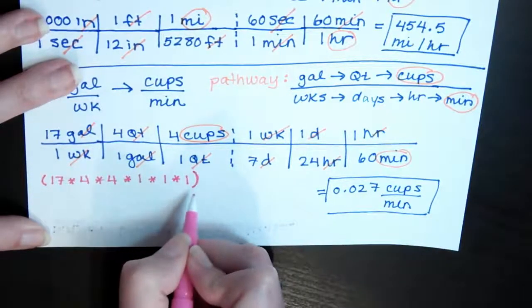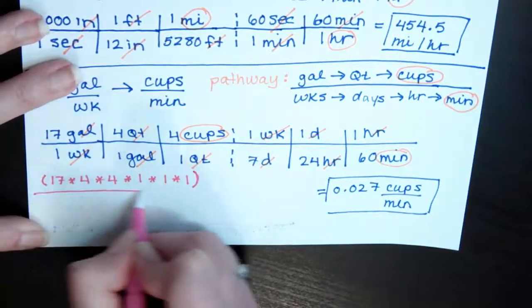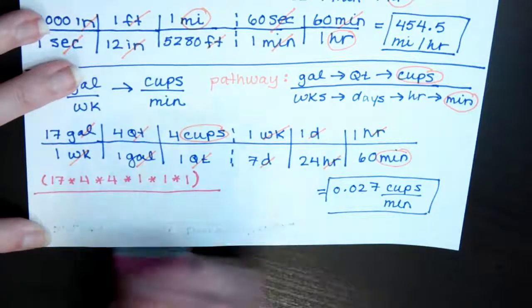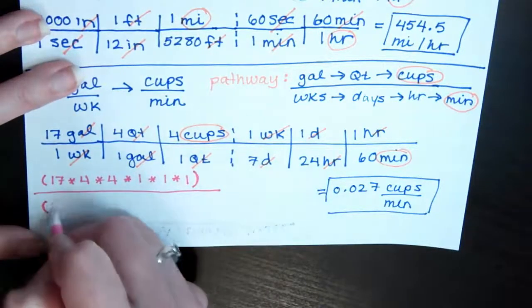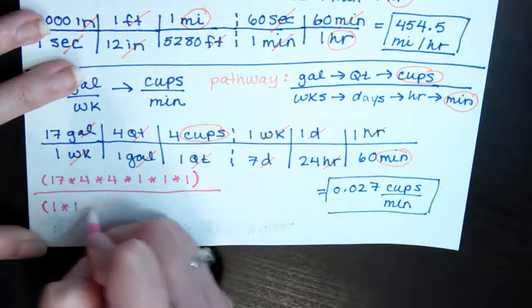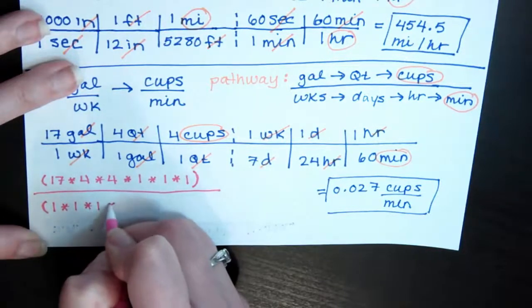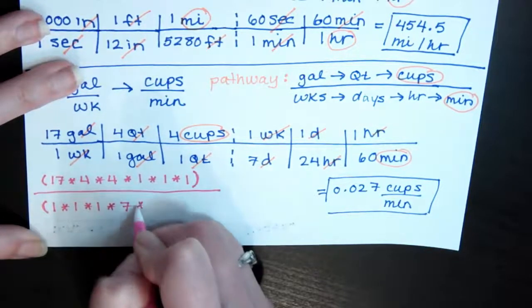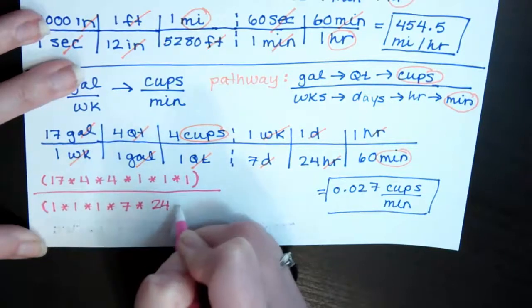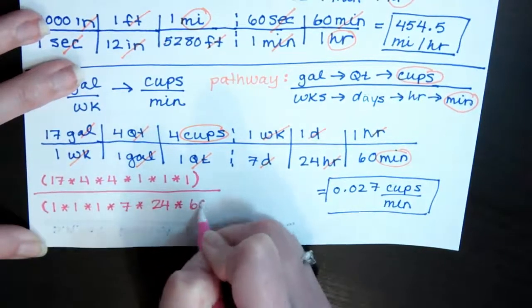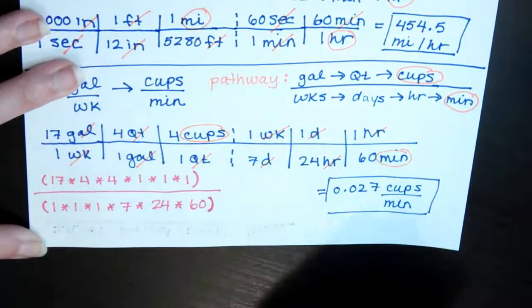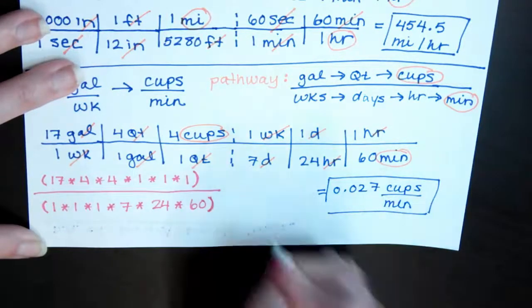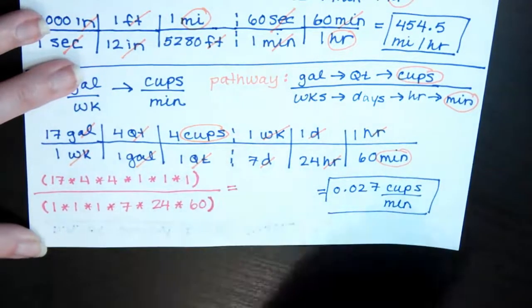I close my parentheses. I hit divide in my calculator, and then everything on the bottom gets multiplied together. And no, you wouldn't technically have to hit the ones, but that is what we're doing. Close my parentheses, and then I would hit enter.